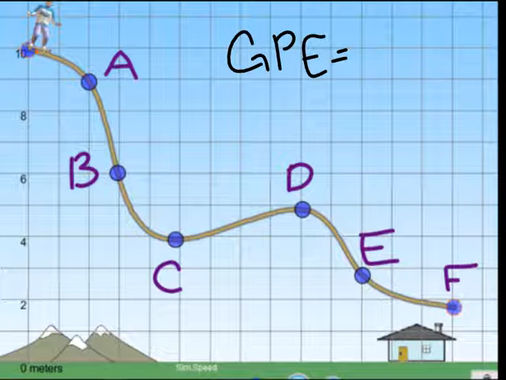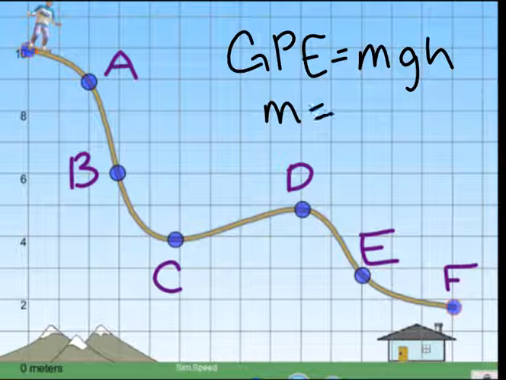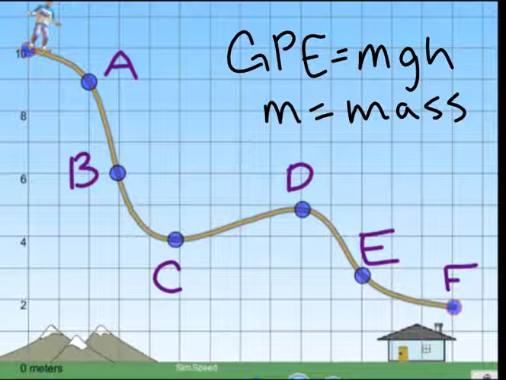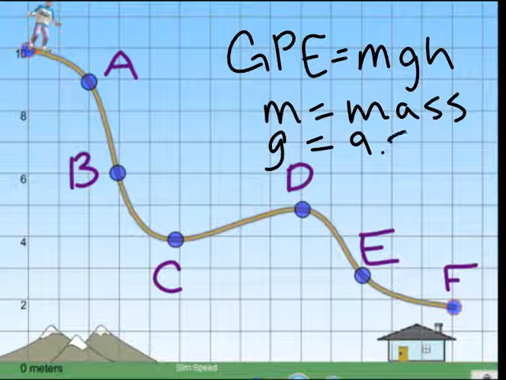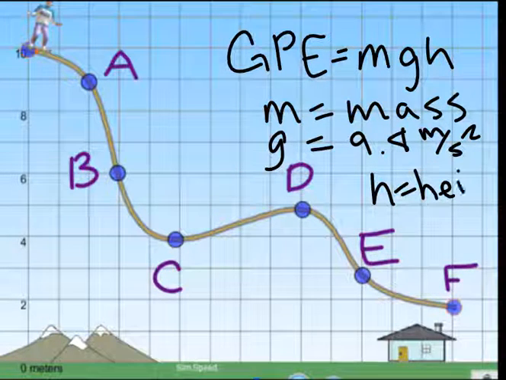And if we look on our reference sheet or back in your notes, we find out that the equation for that is going to be mgh, where m is going to be our mass. Our g is our acceleration of gravity, which is going to be 9.8 meters per second squared. And then h is our height.